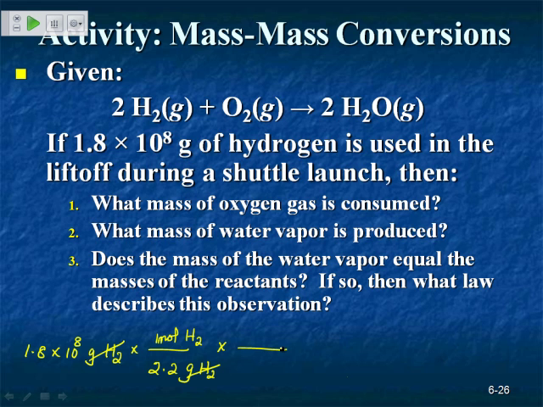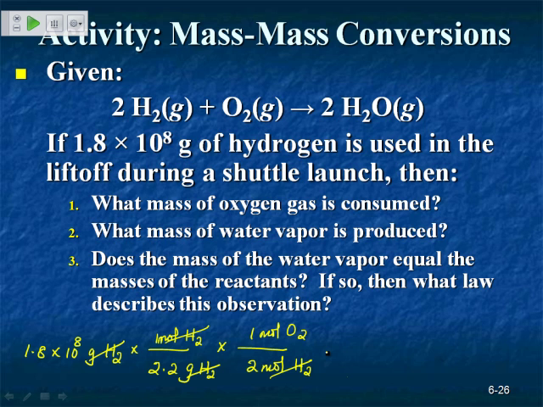I'm looking for oxygen, so 1 mole of oxygen on the top per 2 moles of H2. That's my mole ratio. Moles of H2 and moles of H2 will go away, and I'm standing at moles of oxygen right now.